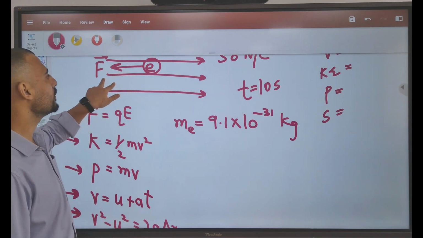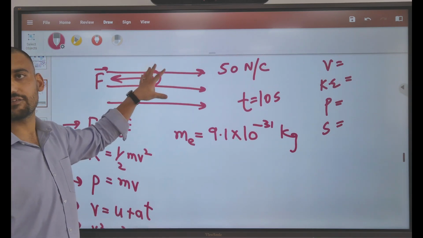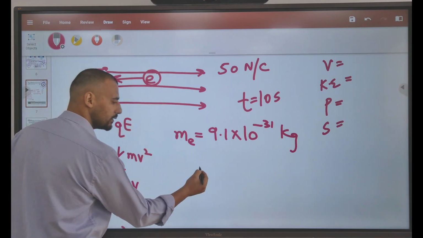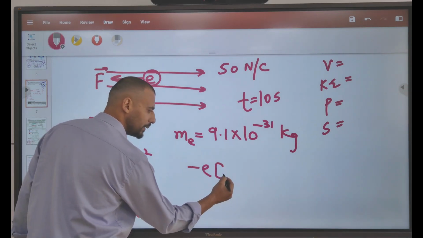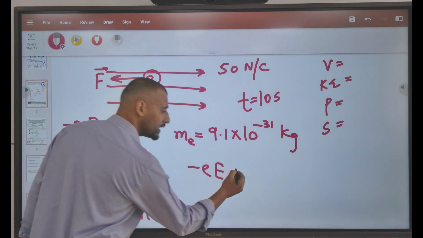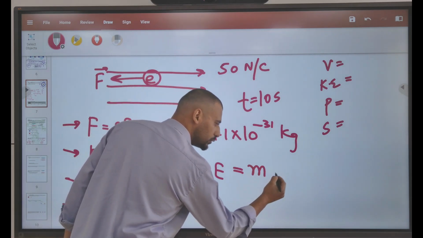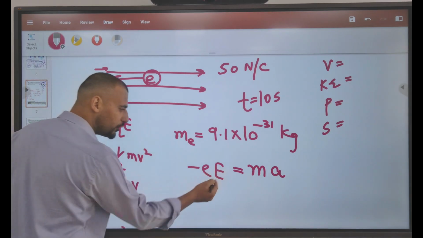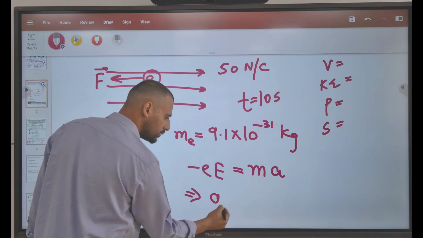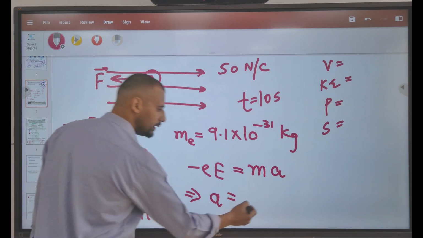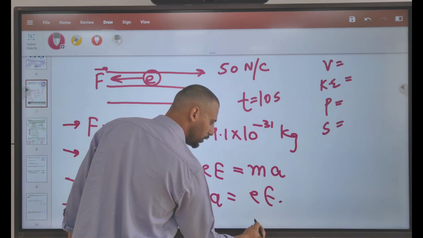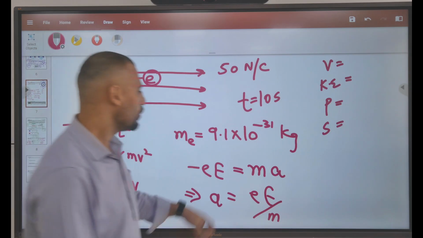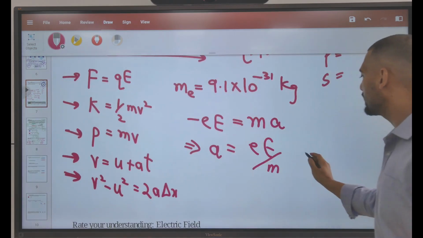The electrostatic force applied to this electron is given by negative e multiplied by E, isn't it? But that force is also given by Newton's second law, F is equal to ma. So therefore you will have acceleration a equals eE upon m, isn't it? So try to solve it for the acceleration first.